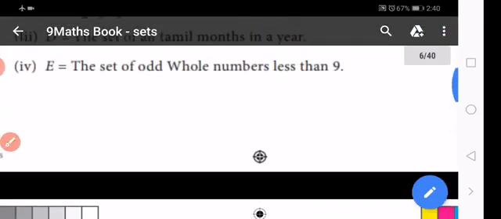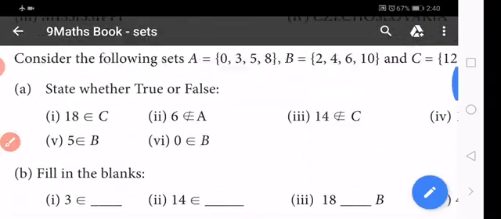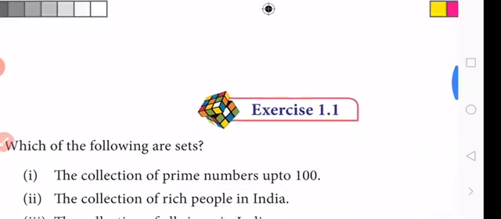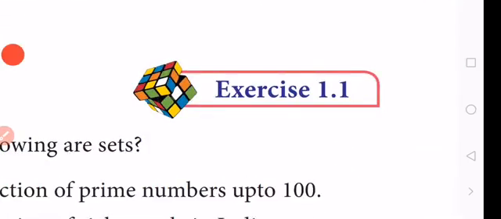So this is our first exercise 1.1. Now we complete exercise 1.1. In this exercise we first discuss what is a set, that is the definition of a set, and we give some examples.